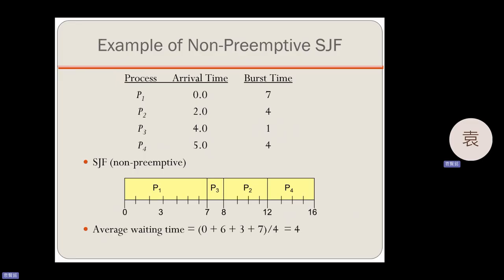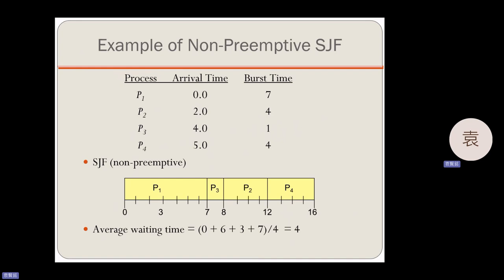For example, consider this set of processes P1, P2, P3, and P4, which have different arrival times and burst times. The non-preemptive shortest job first schedule will generate this Gantt chart.